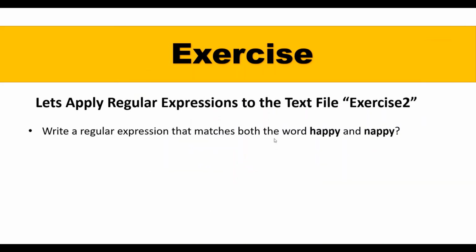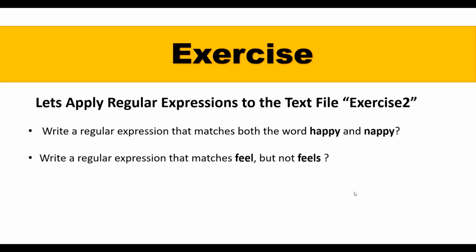So the first point, you need to write a regular expression that matches both the word happy and nappy. Secondly, write a regular expression that matches feel but not feels. Then the third, write a regex to match the digit and the period.